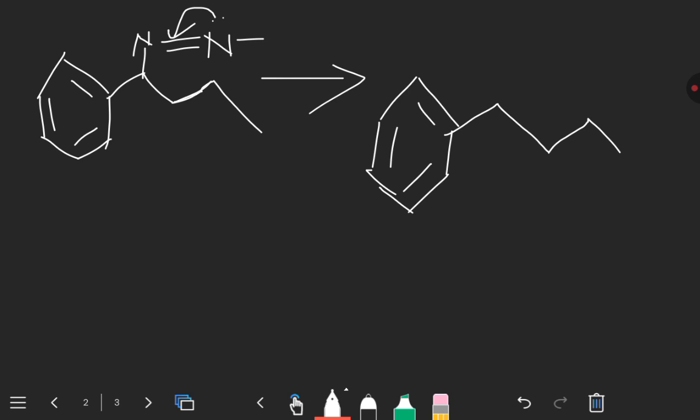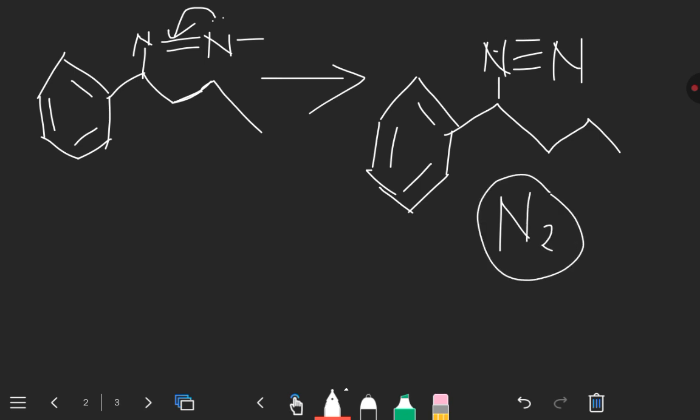Then here we have a nitrogen. There we have a nitrogen. Then because these lone pairs are forming a triple bond there, this is the nitrogen we have here. So this nitrogen now is ready to leave. So this nitrogen will leave.